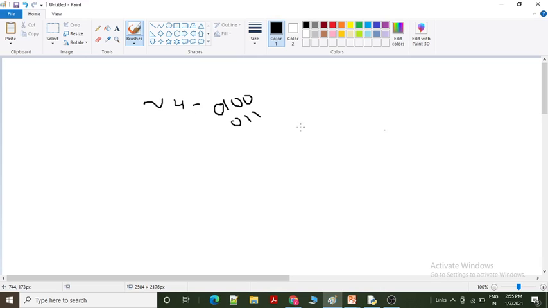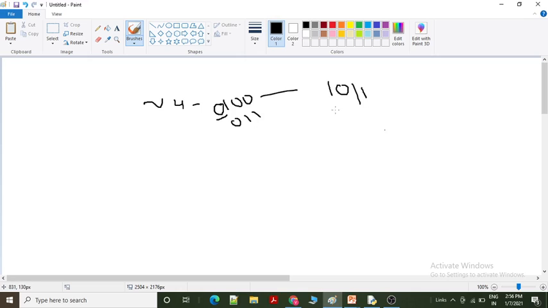It means if we use the number 100, the not of 4 will be presented as 1 0 1 1. Here the 0 is represented as the sign bit. Sign bit means if the left side of your value is 0, the number is positive. If it is 1, it is defined as a negative value.